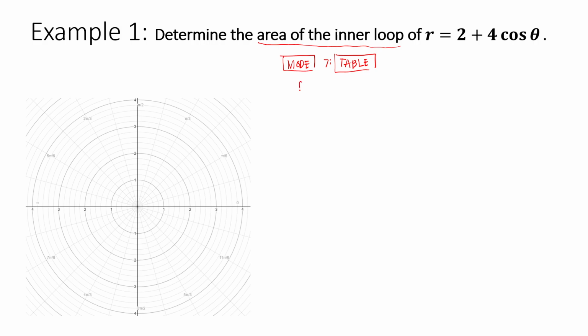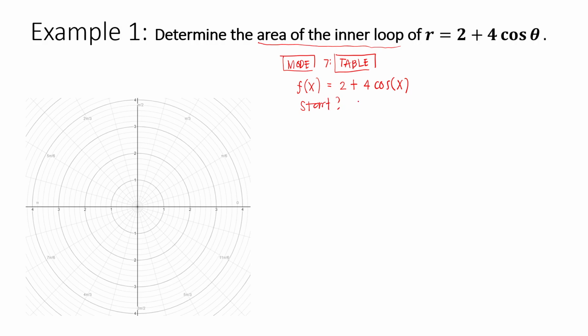Okay, then on the screen, f of x equals the equation. So you're going to write 2 plus 4 cosine. Again, since we are in terms of x, theta becomes x. Then upon pressing equal sign, it asks for a starting value.